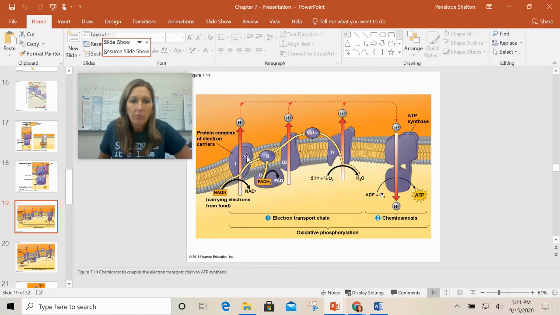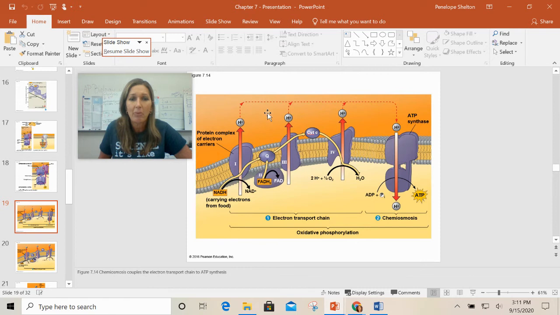What they're moving through are these proton pumps. These proton pumps gain their power, and if they're proton pumps, they pump protons. The protons were released here in the matrix of the mitochondria. Now that electrons are flowing through them, generating power, that gives enough energy for these proton pumps to move those protons into the intermembrane space.